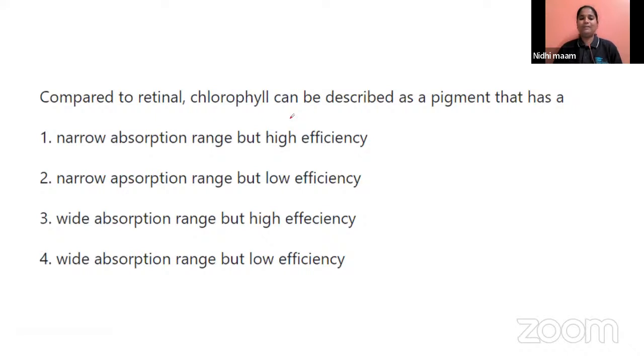Next question. Compared to retinal, chlorophyll can be described as a pigment that has a narrow absorption range but high efficiency, narrow absorption range but low efficiency, wide absorption range but high efficiency, wide absorption range but low efficiency.